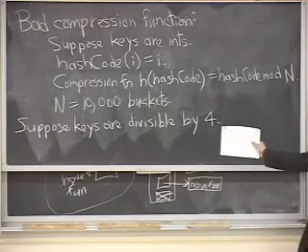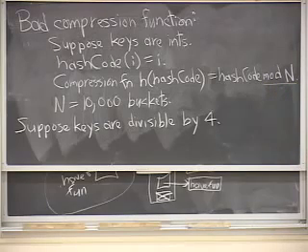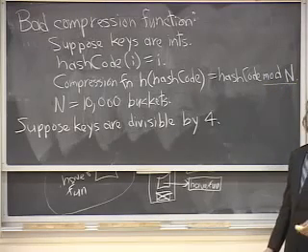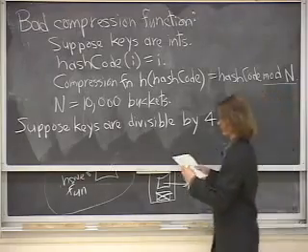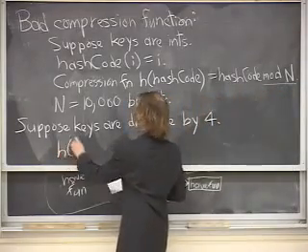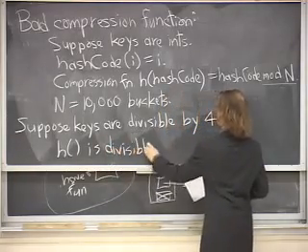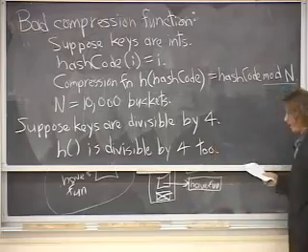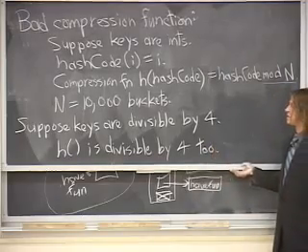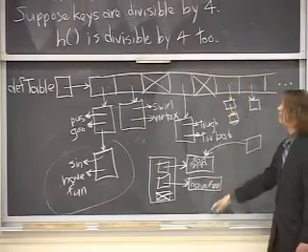Well, if you take a number that's divisible by 4 and then take it modulo 10,000, it's still divisible by 4. That's very bad news because it means 3/4 of our buckets are wasted.